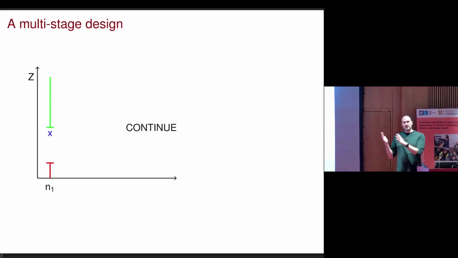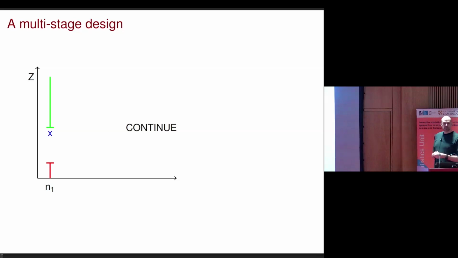There's no point in wasting any more resources, exposing any more patients to this treatment because it has very limited chance of doing something positive. If it happens to be in the green region, we pop out the champagne and celebrate because we have already shown that treatment 1 is better than treatment 2, for example.